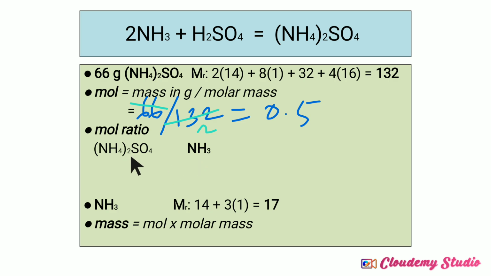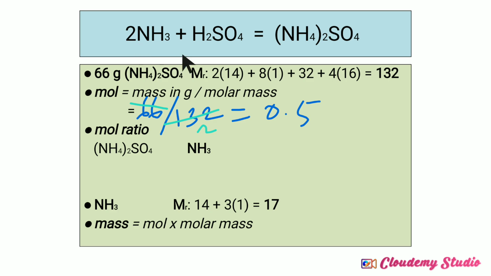Now, for ammonium sulphate, as per the balanced chemical equation, how many moles are there? 1 mole, because there is no coefficient mentioned before ammonium sulphate, so it is 1 mole as per the equation. Ammonia, as per the equation, is 2 moles.